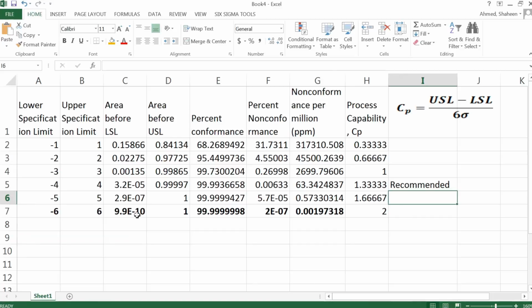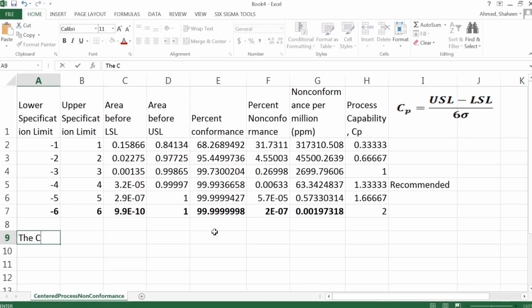All right, so that's it for a centered process, the non-conformance or conformance calculation. So I would like to call these the centered process non-conformance calculation.